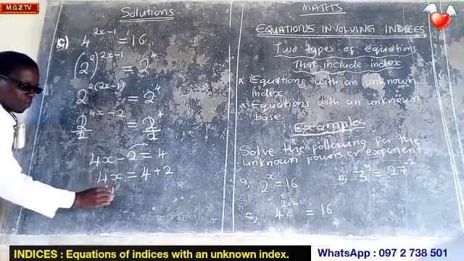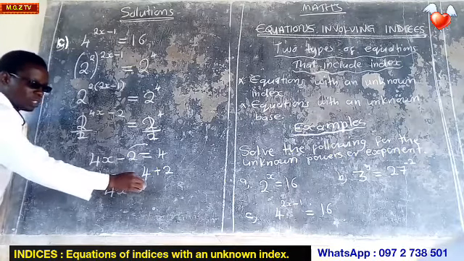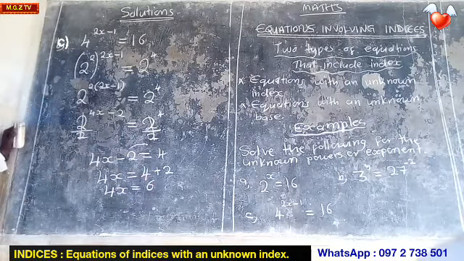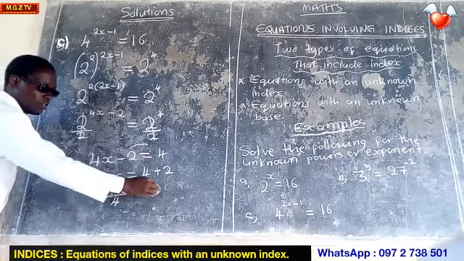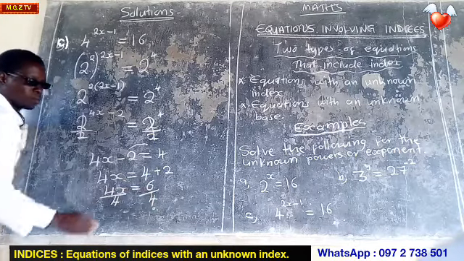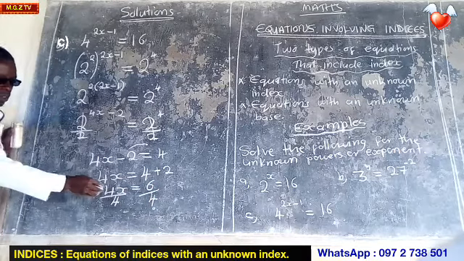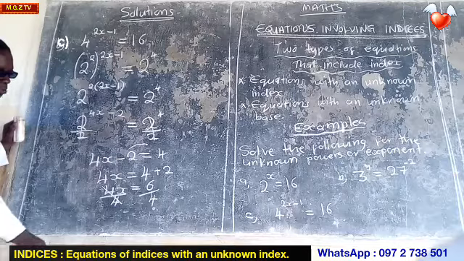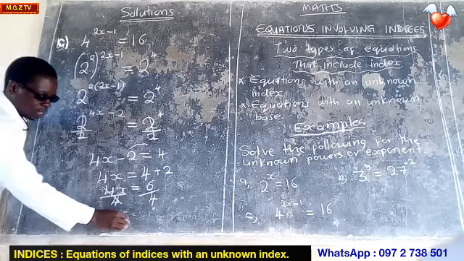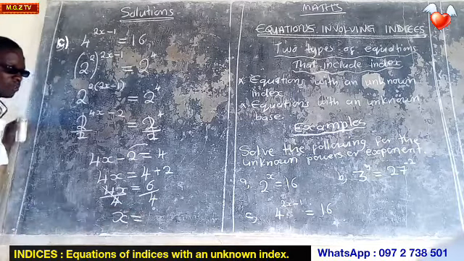So we're going to have 4x equals 6. What we want is x, not 4x. So divide it here by 4, divide also there by 4. These two 4s cancel. What will remain with me is x equals.